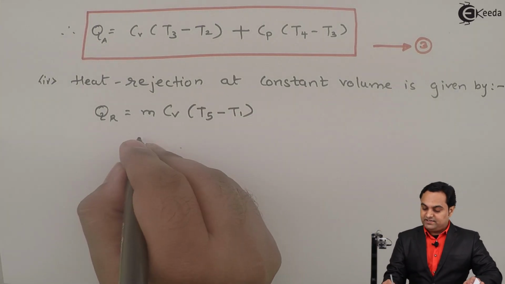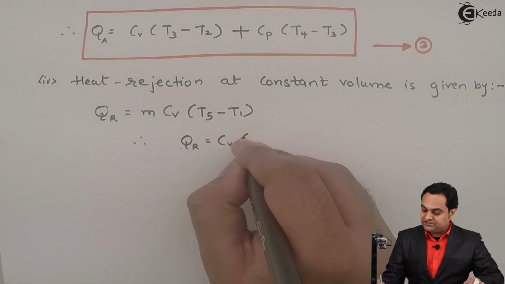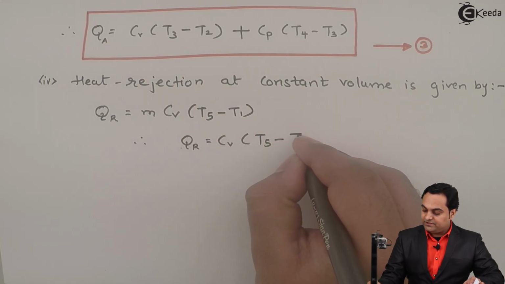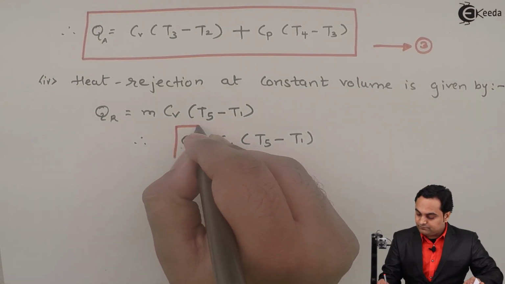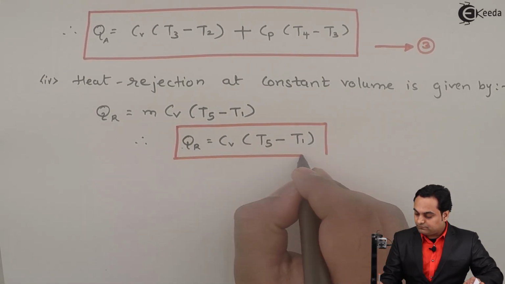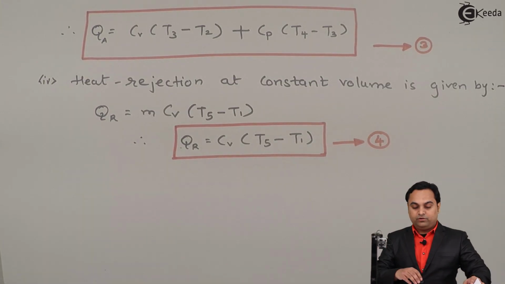Taking the mass as 1 kg as I have assumed, this will be Cv T5 minus T1. Keeping this as equation number 4.